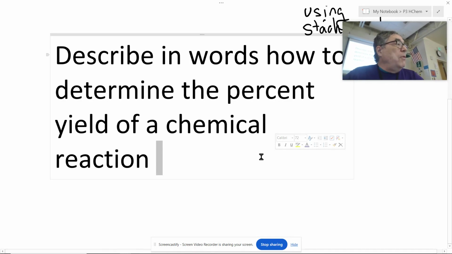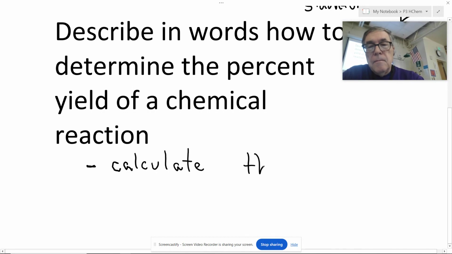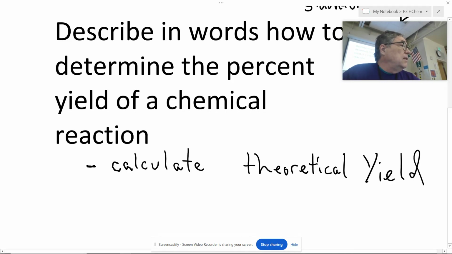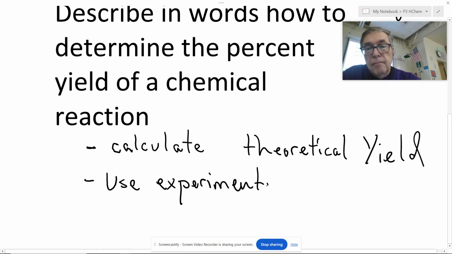Well, here is what I would say would answer that. The first thing you have to do is calculate your theoretical yield. Then you have to use some kind of experimental or actual yield.